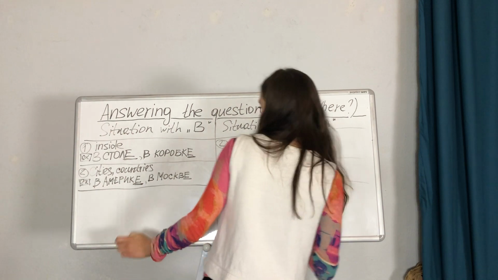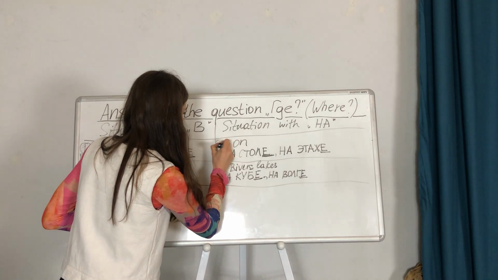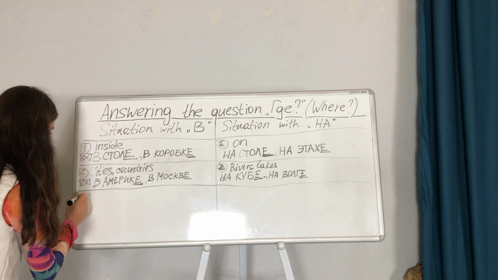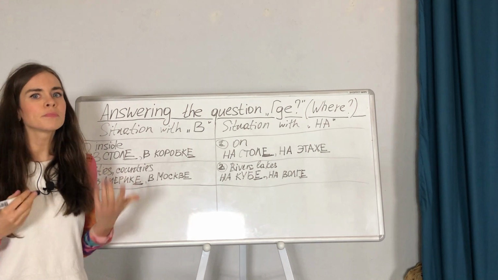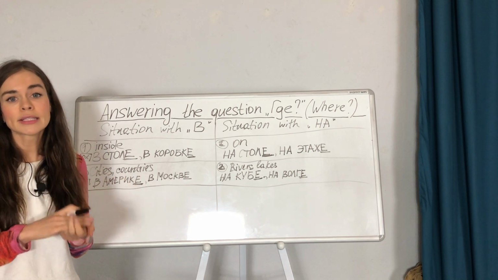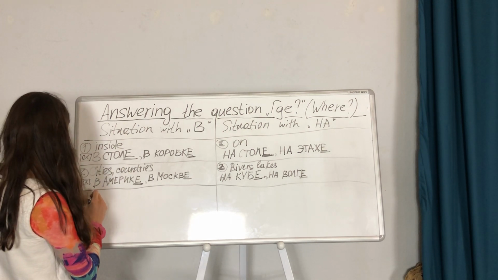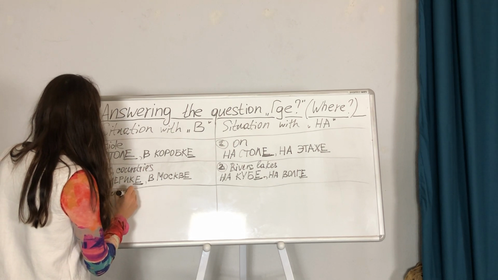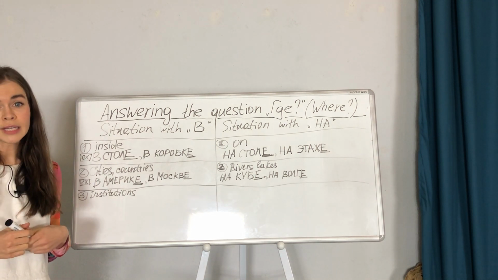The next situation is when we talk about institutions and buildings, for example a theater, museum, institute, university or school. Let's take школа, a school.